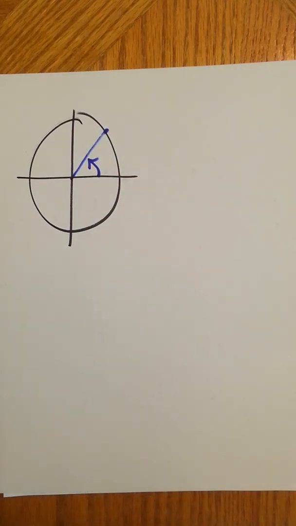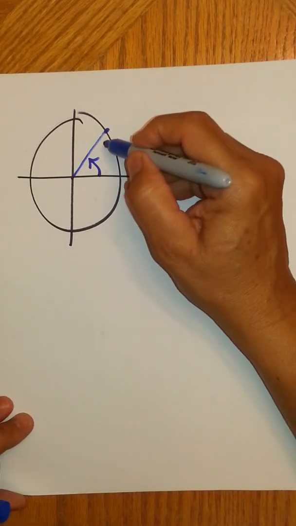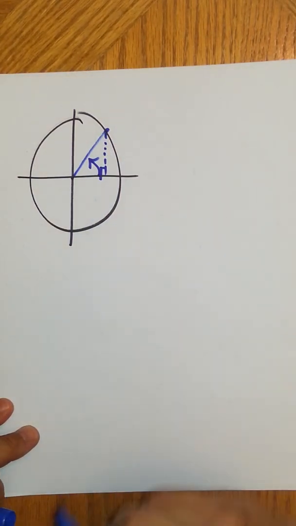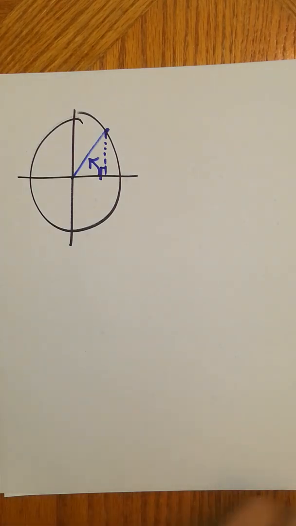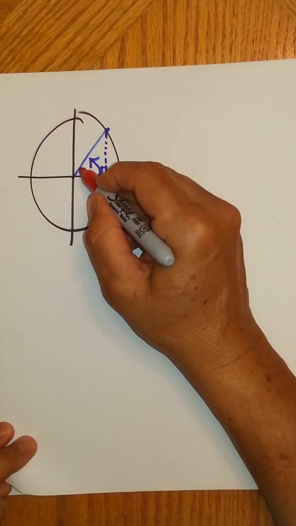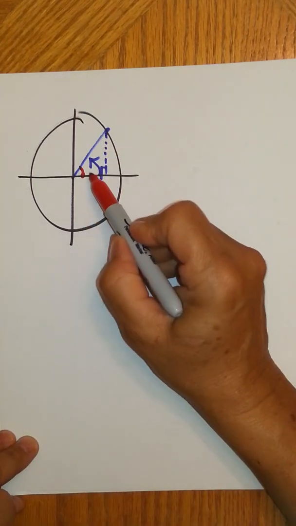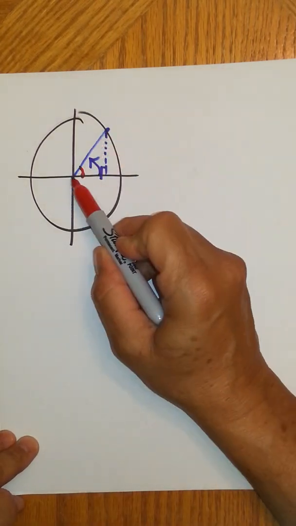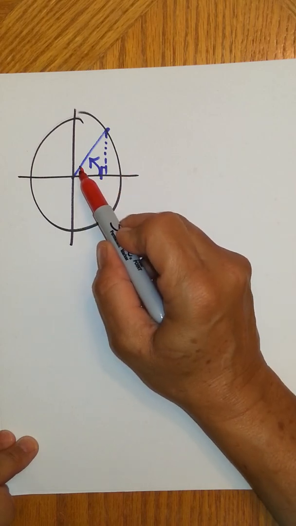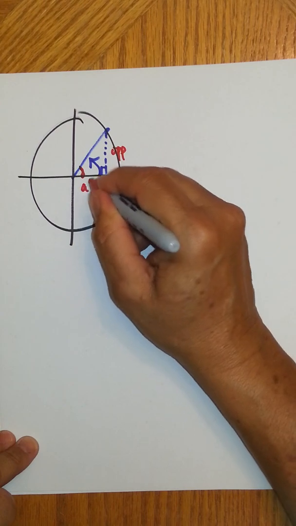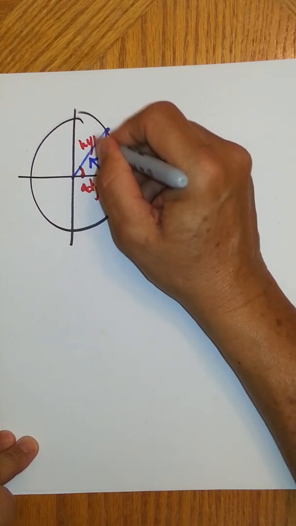Well, by definition, I am supposed to create a reference triangle, dropping to the x-axis. Here's my right angle. And then my reference angle is right here. It's not here. It's always right here between the angle and the x-axis. So relative to this reference angle, this is the opposite, this is the adjacent, and this is the hypotenuse.